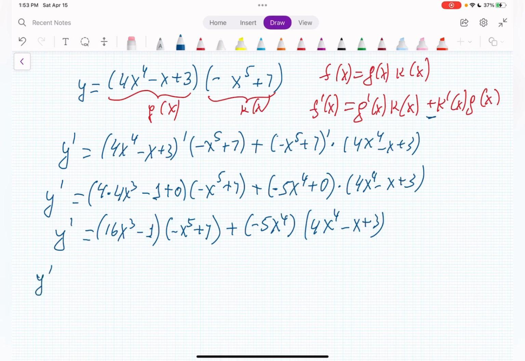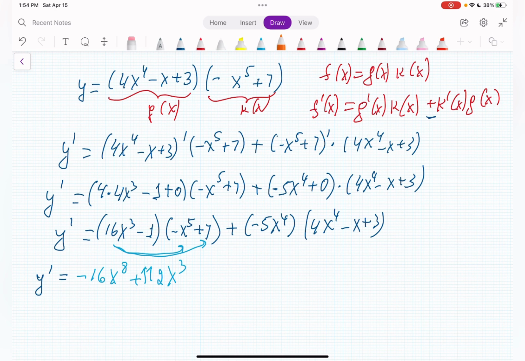So y prime, which is the derivative, is going to be equal to: 16x cubed times negative x to the 5, it's going to be negative 16x to the 8. Remember, we are adding. 16x cubed times 7, 16 times 7 is 112, so 112x cubed.